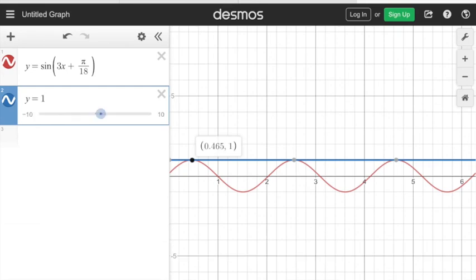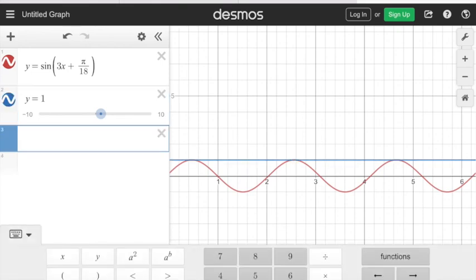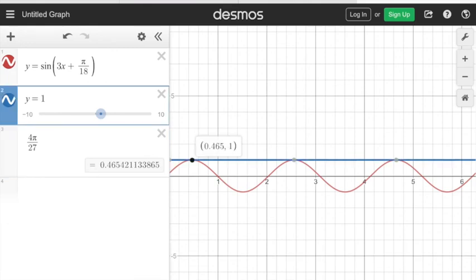The first solution is at 0.465. If we were to approximate 4 pi over 27, would that give us that value? Sure would. So noticing the same approximation right there.